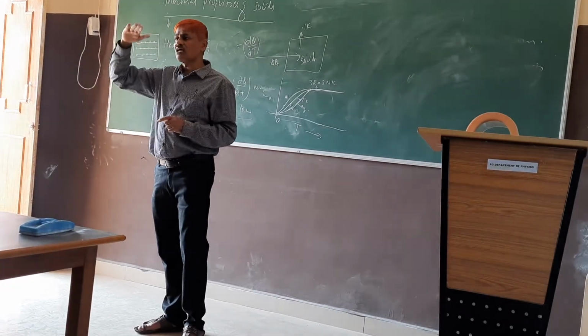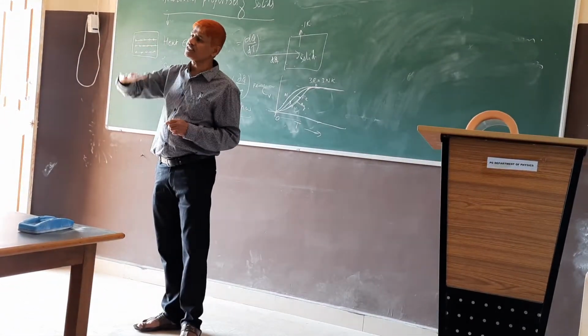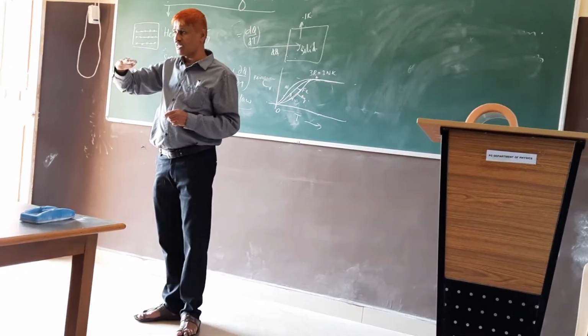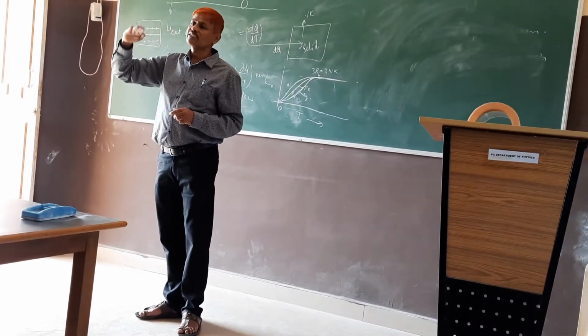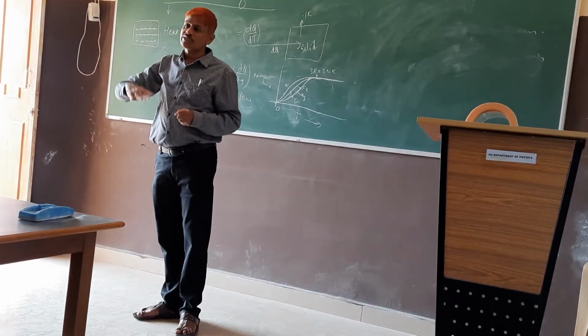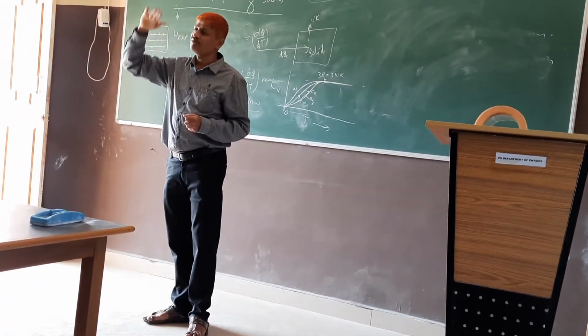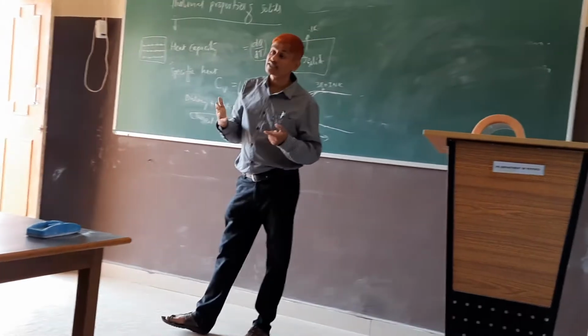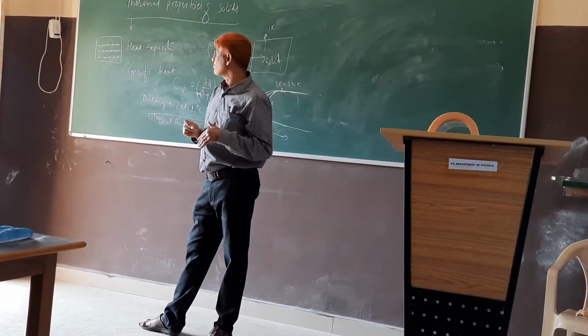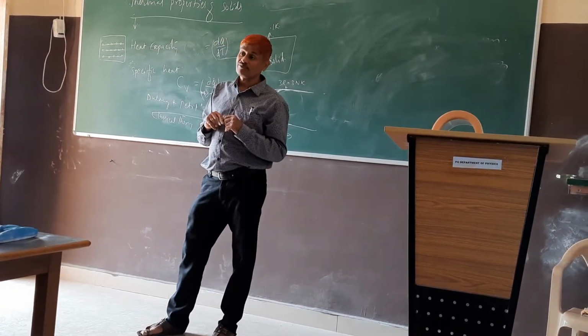The lattices start by taking that energy, they start increasing their vibration about their mean position. As I said, if they are going 1 centimeter vibration, now they start going by taking the 2 centimeters or 3 centimeters. Like that, they go on increasing their amplitude of vibration, and that is called lattice vibration.